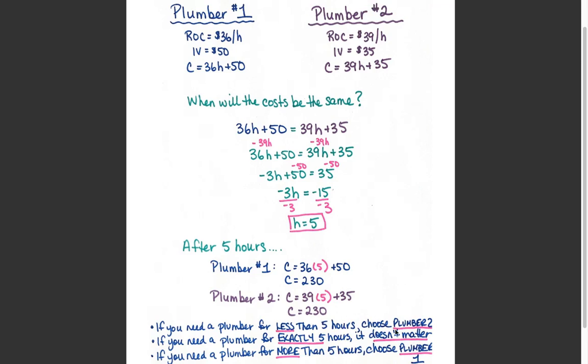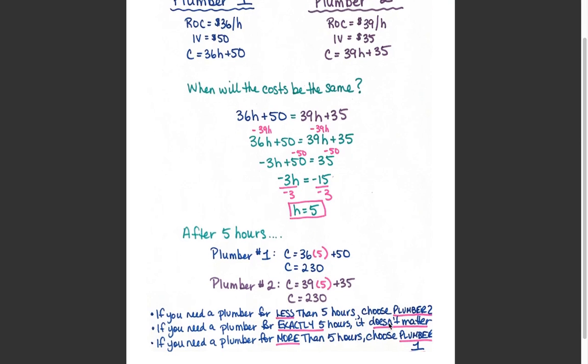And if I need the plumber for more than 5 hours, I know that it starts plumber 2 cheaper, crosses over, and plumber 1 then becomes the cheaper option because its rate of change is lower, so it's going to be a less steep line. So I've got my 3-part conclusion summarizing what I found when I solved that system algebraically.